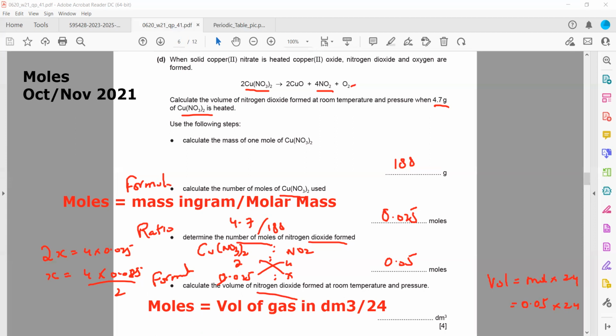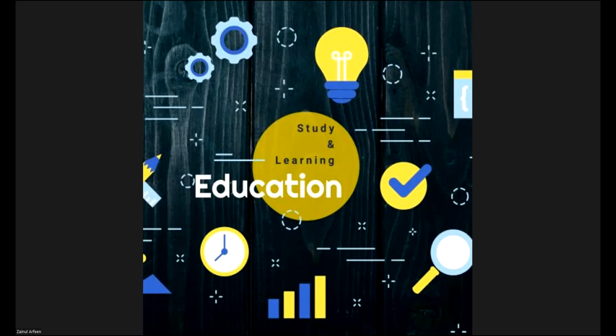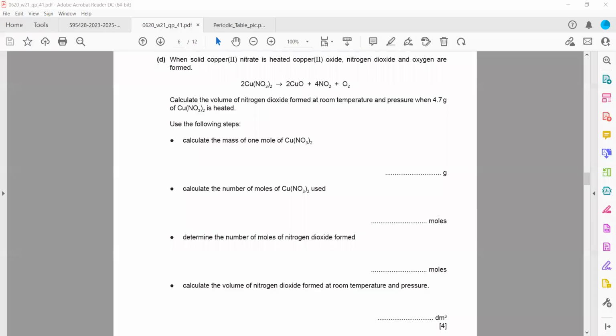What's the answer? 0.05 multiplied by 24.